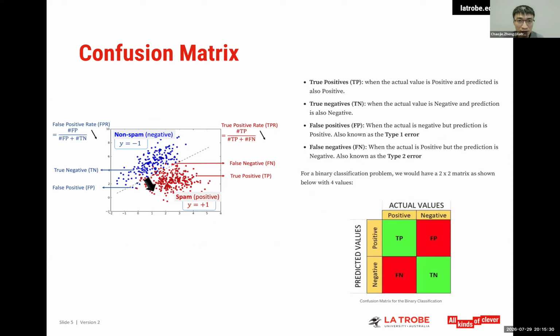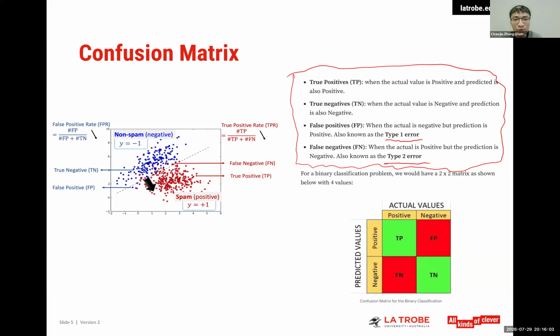And here are the definitions for true positive, true negative, false positive, false negatives, these four terms. The false positives are also known as type 1 error, and false negatives are also known as type 2 error. And these two terms are more commonly referred to in statistics fields.